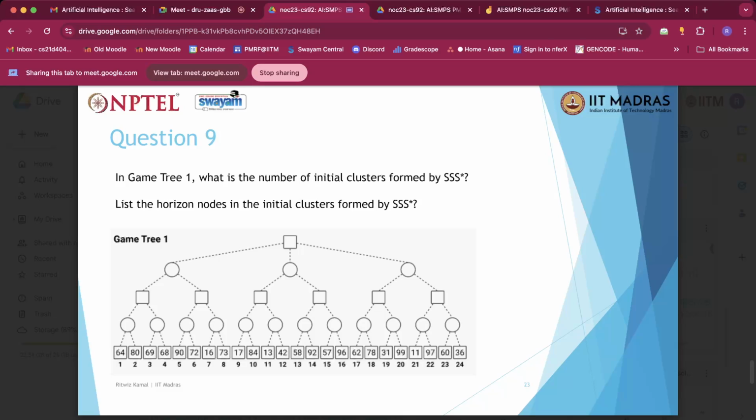We fix that we choose only the leftmost child of the min node. Okay, so we reverse the way we were finding the strategies till now, and we use this way to find the initial cluster. So I would urge you to try to do that with this game tree right now and tell me which of these horizon nodes form the initial clusters.